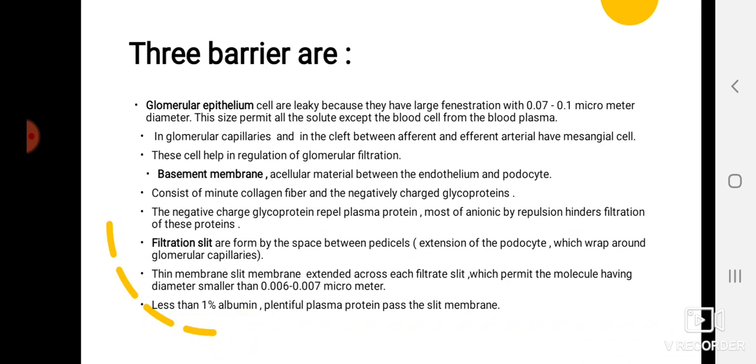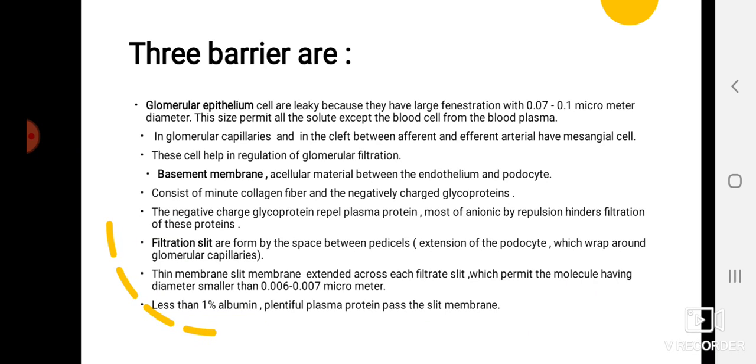This slit membrane is thin in nature and extended across each filtrate slit, which permits molecules having a diameter smaller than 0.006 to 0.007 micrometer. You got this point?